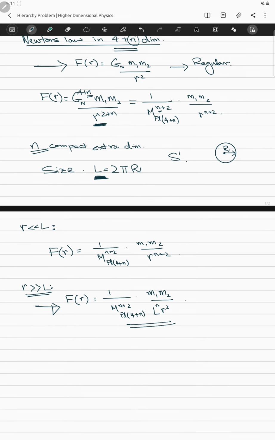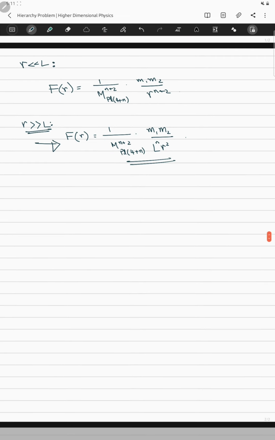If I compare these two equations, which I have marked with the arrow, I arrive at the result that relates the Planck scale to the size, or instead you can call it the volume, of the compact extra dimension.